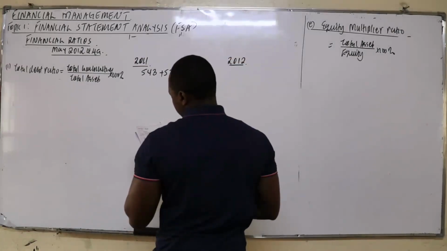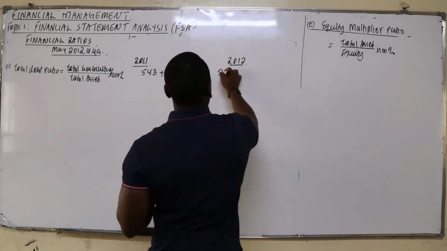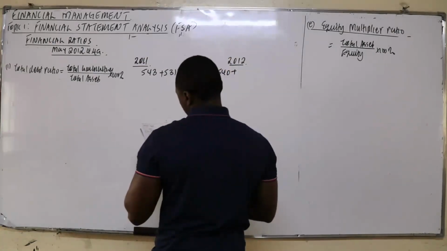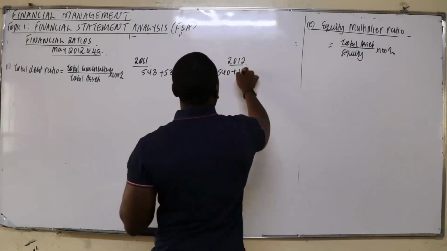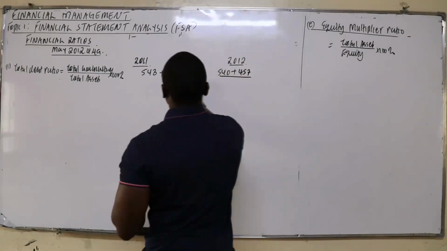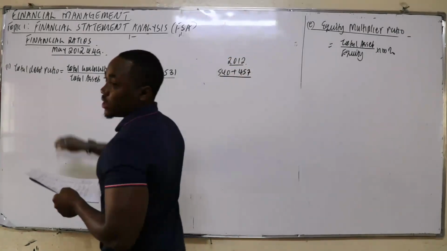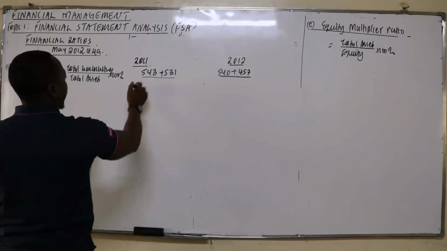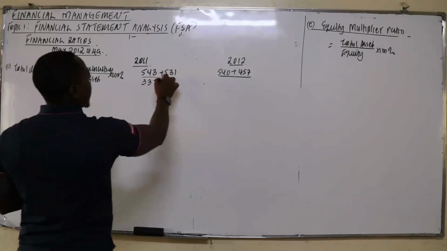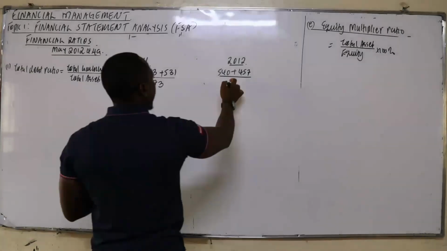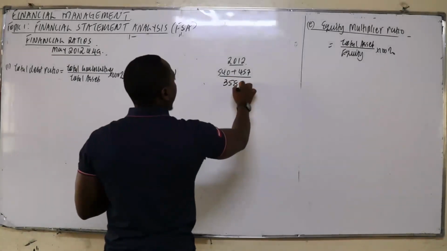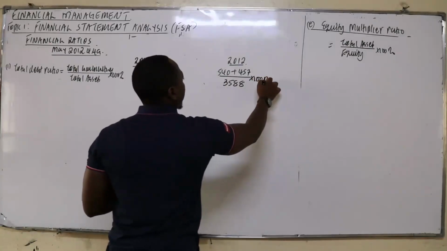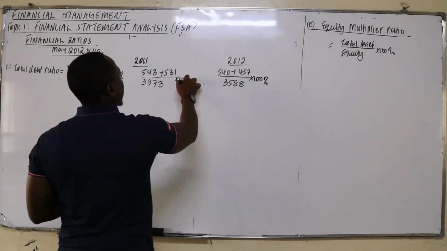2012, the total current liability we have is 540. Then you add the long-term debt, which is 457. Then all of it, you divide by the total assets. The total assets we have is 3373, and for 2012 we have 3588. And then you express them in percentage.